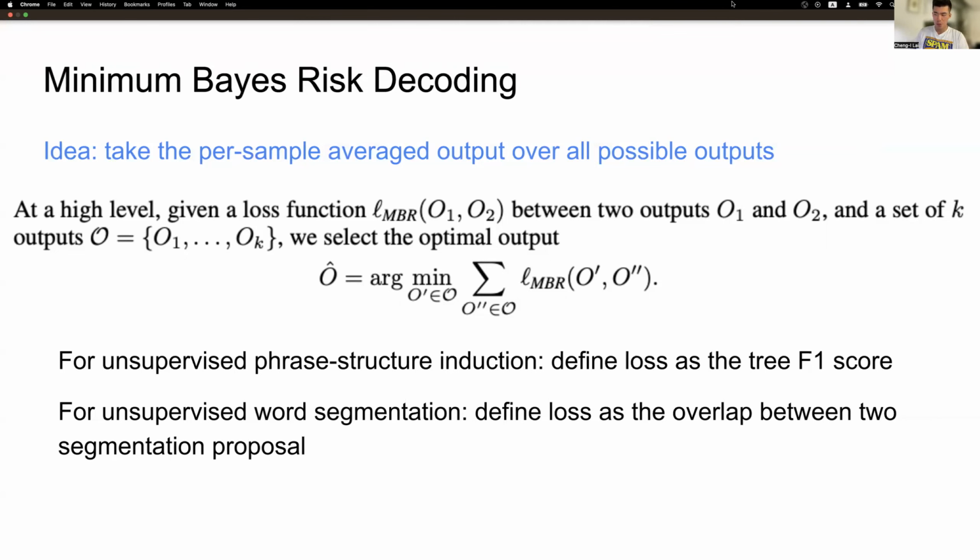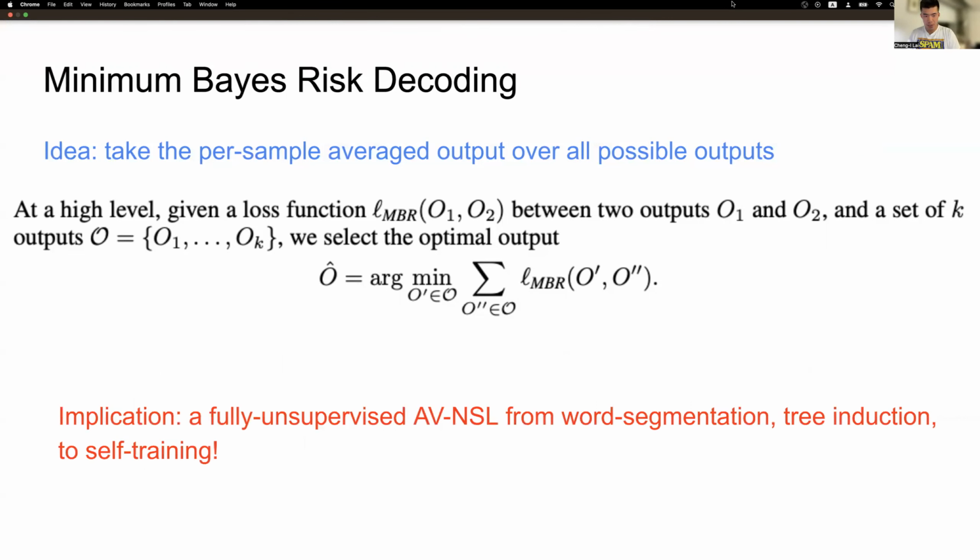For word segmentation, where we have multiple word segmentation proposals, we define this loss as the negative of the overlap between two segmentation proposals. The implication here is that we train a fully unsupervised tree induction model from speech. We do this from unsupervised word segmentation, unsupervised tree induction, to unsupervised self-training and unsupervised decoding.